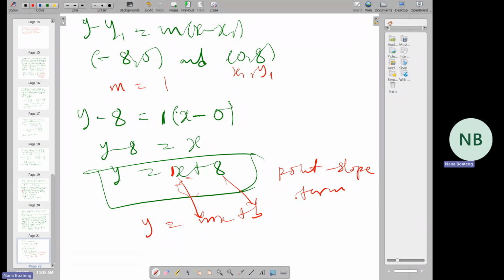It says graph the function f of x is equal to 3 over 5 x plus 1.